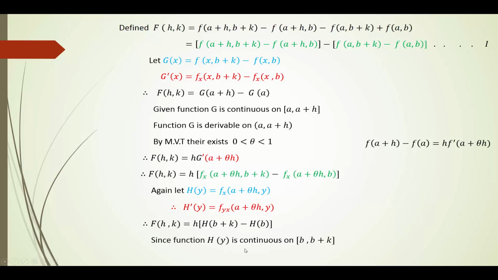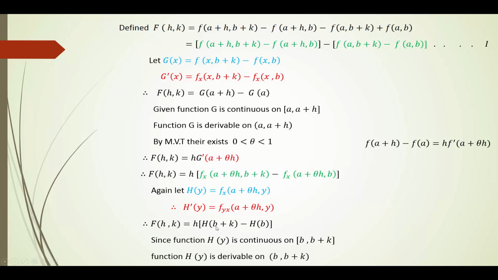Since function h of y is continuous on b plus k and derivable on b plus k, all the conditions of the mean value theorem are satisfied. Therefore by the mean value theorem, f of a plus h minus f of a equals h into f dash a plus theta h.